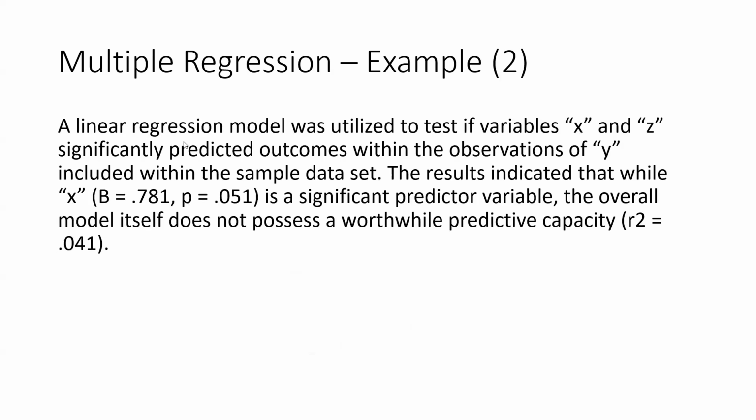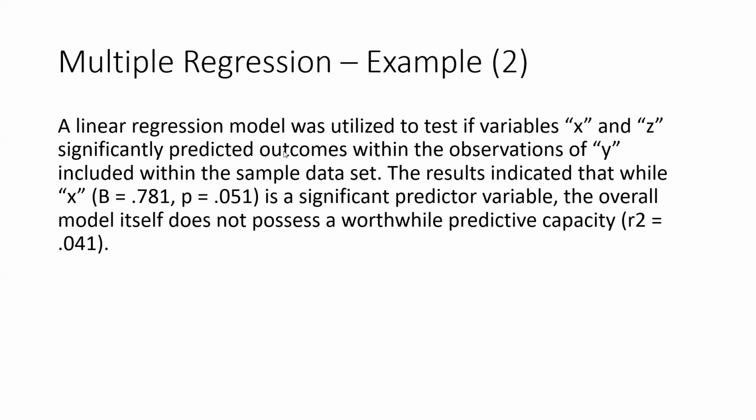A linear regression model was utilized to test if variables X and Z significantly predicted outcomes within the observation of Y, included within the sample data set. Now, if you're working not just with variables, but actual situations, you would place whatever aspects you're looking to report there.